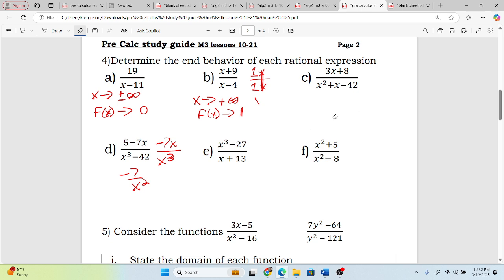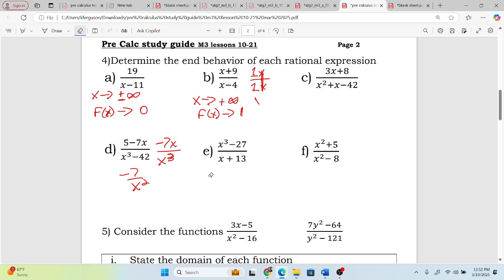All right, and then obviously we got problems like e. Dang it! I made too many of the same type. I needed to have this be x squared over x. So e is the only one that we got where the numerator is more than the denominator. And if the numerator is more than the denominator, you just follow the pattern.